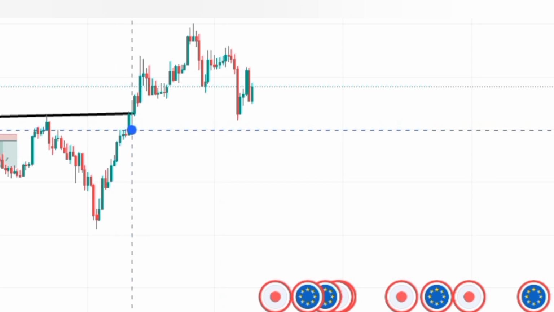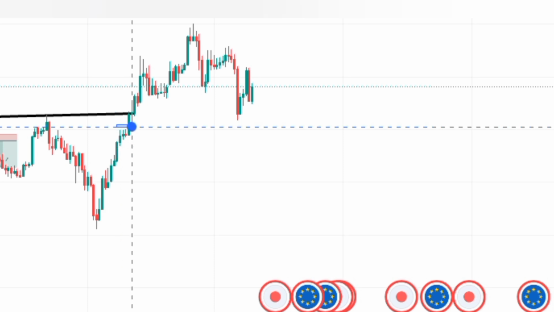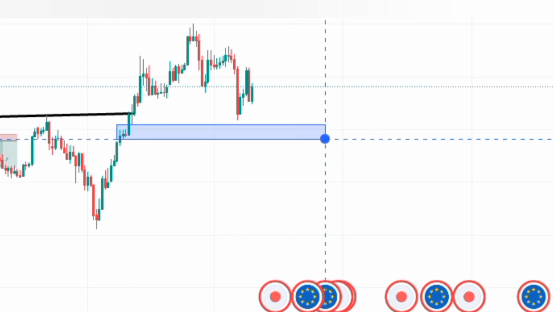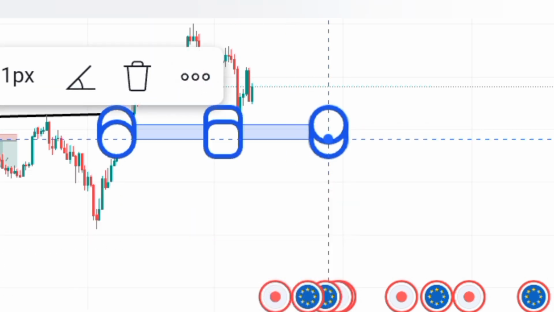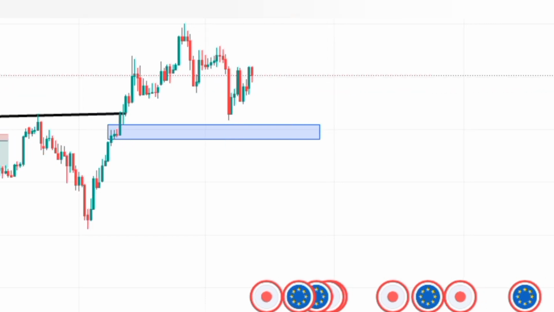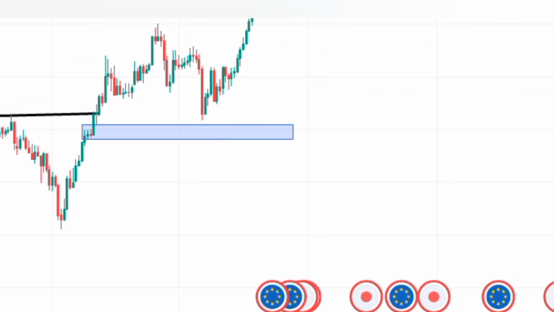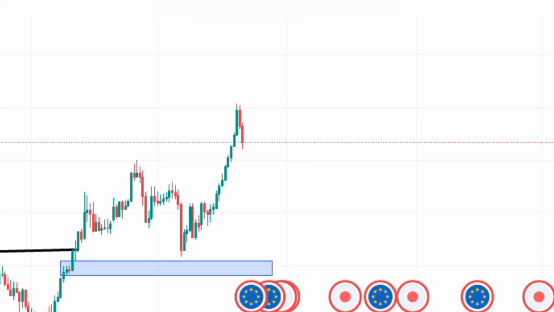So just know the market can always turn from order blocks or from fair value gaps. It can turn from anywhere, right? As you can see there, it just used the fair value gap to turn there.